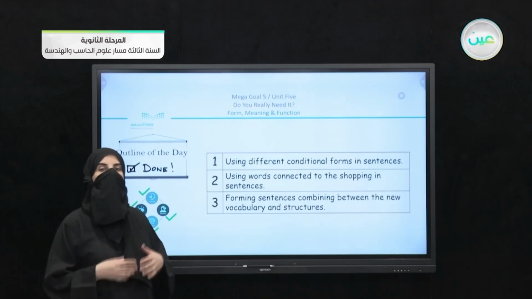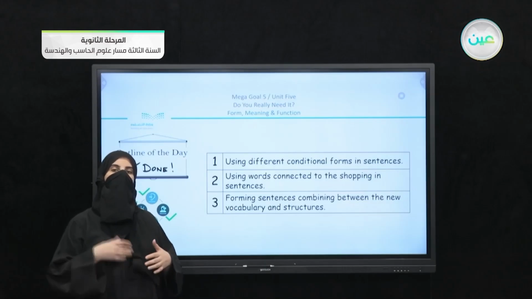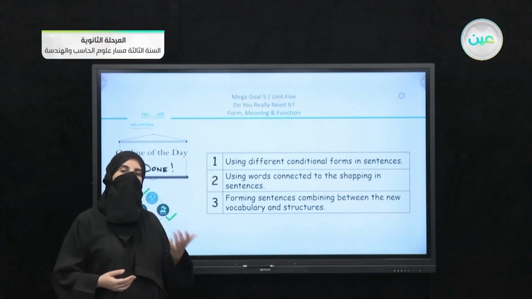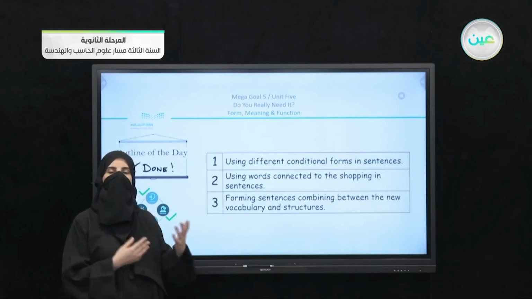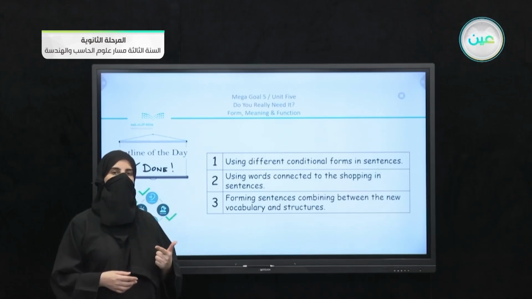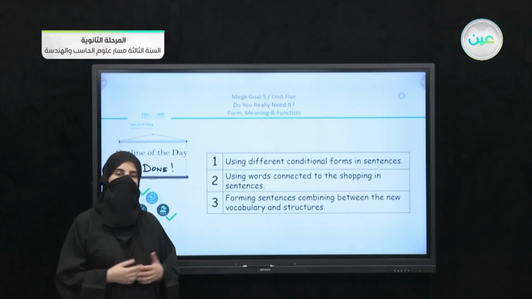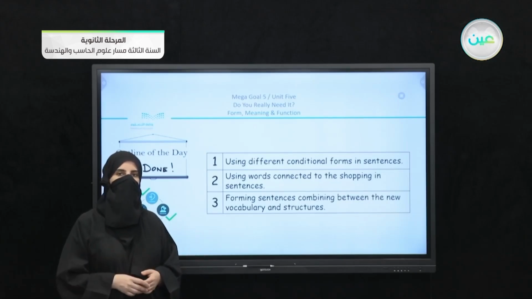Now you can see from the lesson that in the form, meaning, and function we dealt with meaning, and we have here the form and function dealing with the if conditionals, and we know that we have zero conditional sentences, we have first conditional sentences, we know when to use when or unless with these sentences, and when can we use also may and might in the sentence.